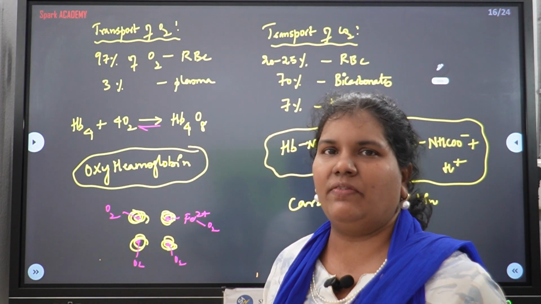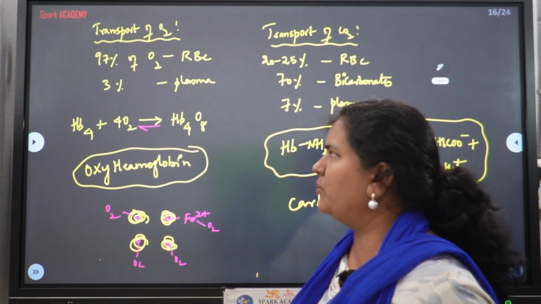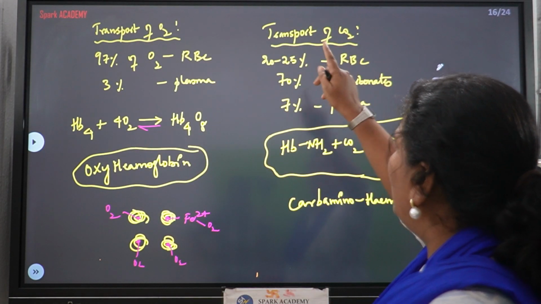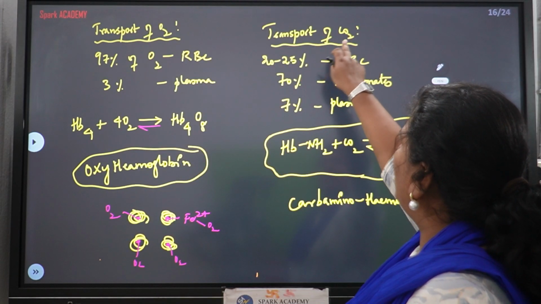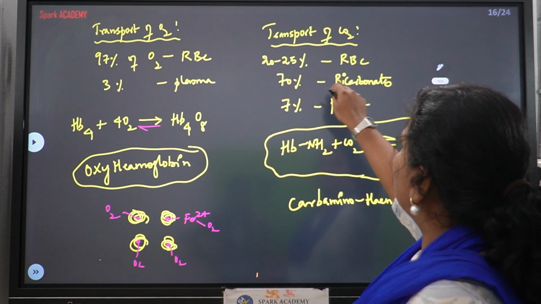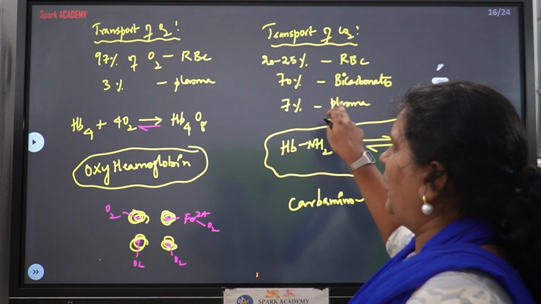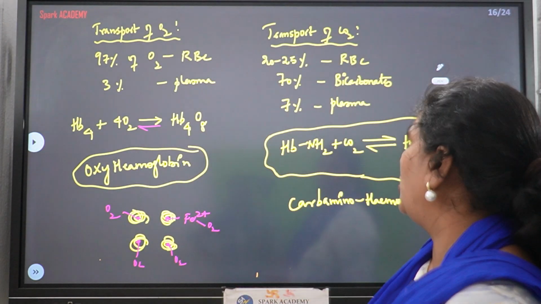Ultimately, the oxygen is given to the tissues, and the tissues will use that oxygen for different metabolic activities. Now, when we come to transport of carbon dioxide, as I told you in the beginning, 20 to 25% of carbon dioxide is transported by RBC, 70% is by forming bicarbonate ions, and 7% is through plasma. Remember, this entire slide is very important from the NEET point of view.